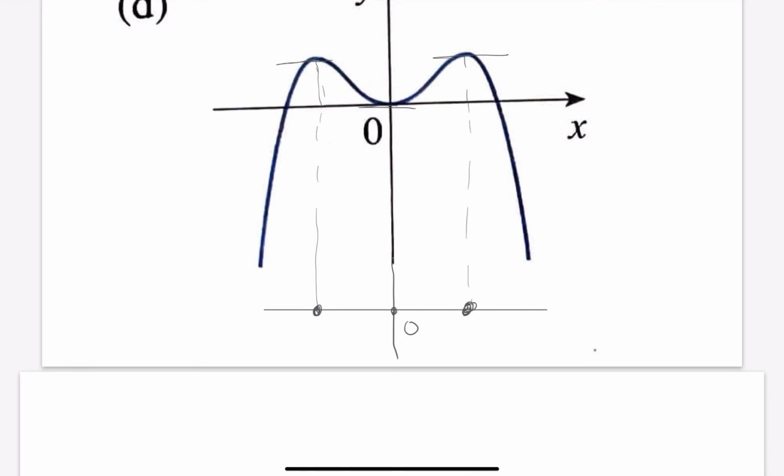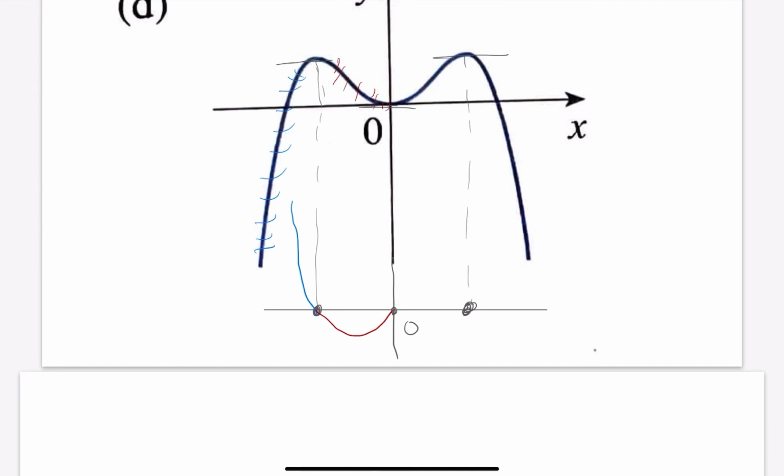Now what's happening before that is going upward, so it's positive, so it has to be above x-axis, right? Okay. What about this part? Up to here, right? So it's going downward, so it has to be below x-axis, right?